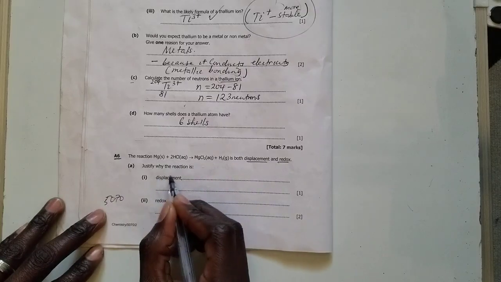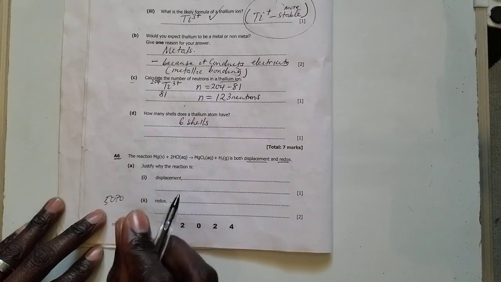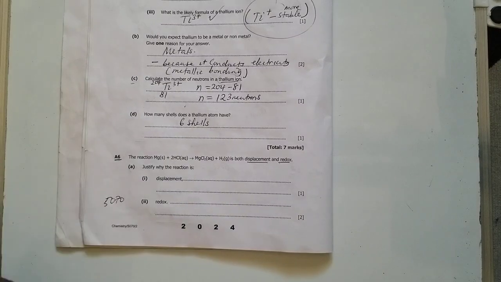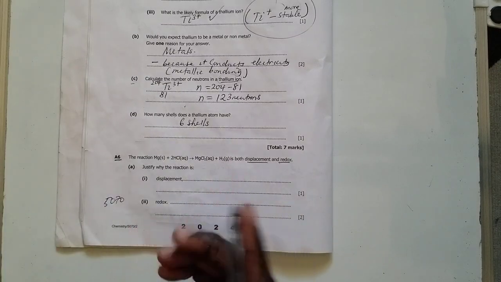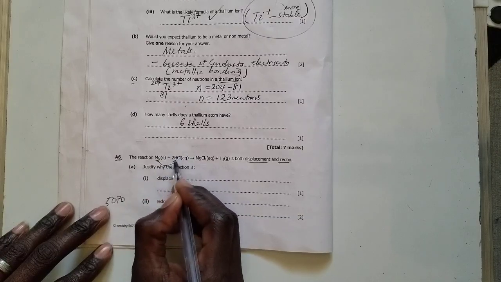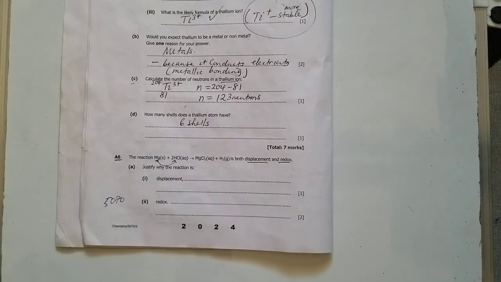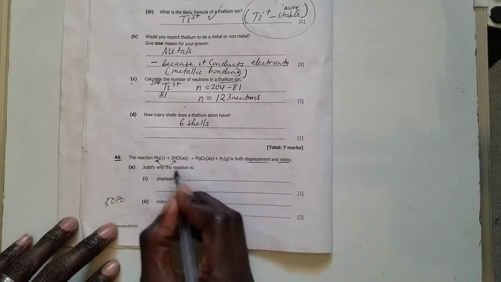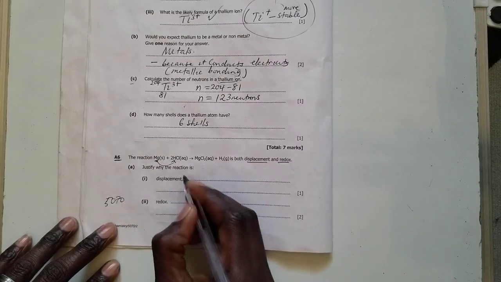Now remember, displacement is a type of reaction where a more reactive metal displaces a less reactive substance from its compound. In this case, if you notice, magnesium is replacing the hydrogen ion or pushing out the hydrogen ion from the acid to become magnesium oxide. So why are we saying that it is displacement?